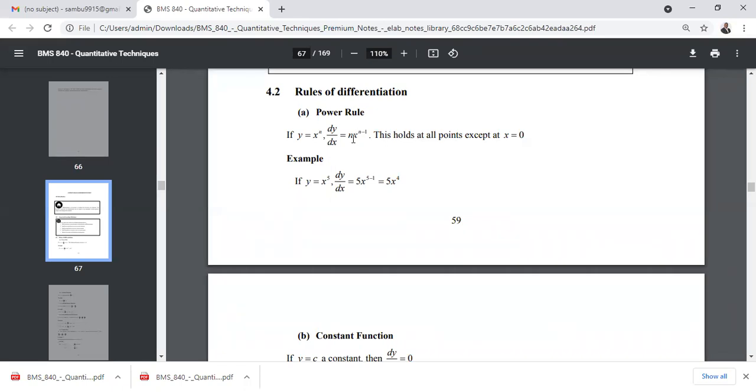We multiply by the power, then we subtract 1 from the power. So we've been given a function y is equal to x raised to the power of n. We are going to drop the n and multiply by x, then to the n, we subtract 1. This formula holds except when x is equal to 0.